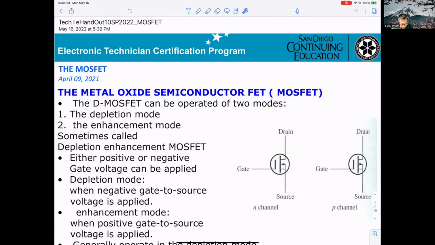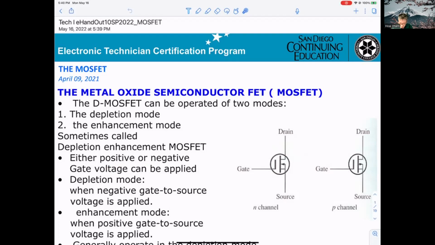The enhancement mode is sometimes called depletion-enhancement mode FET. Either positive or negative gate voltage can be applied.